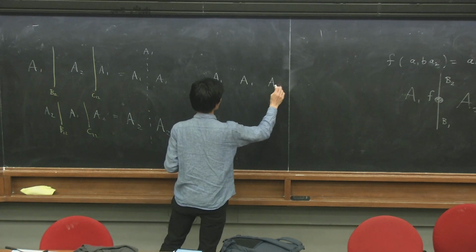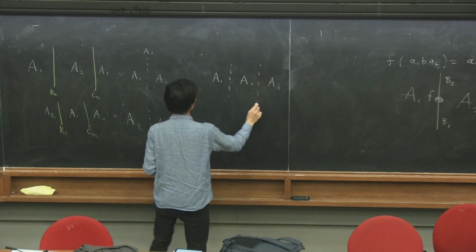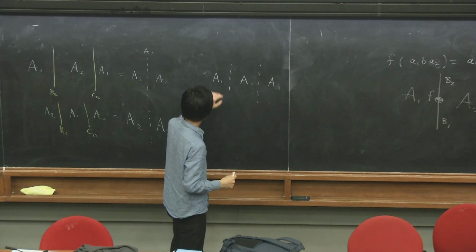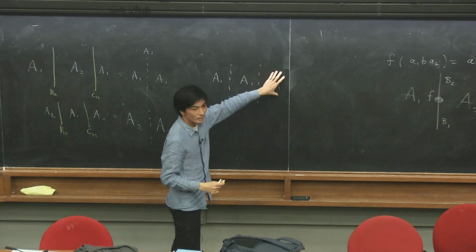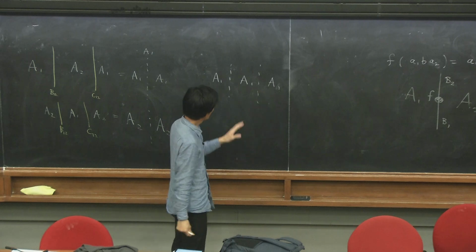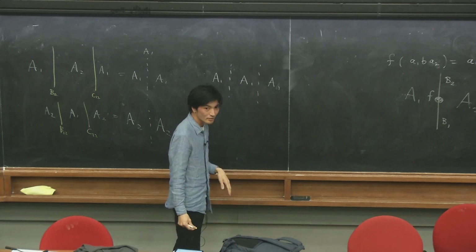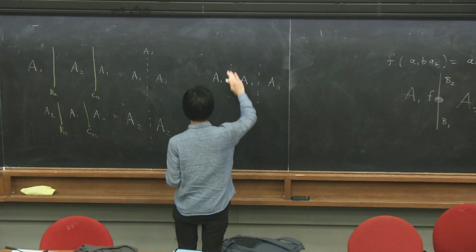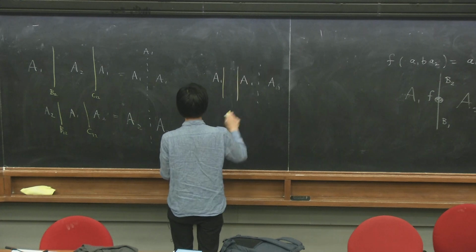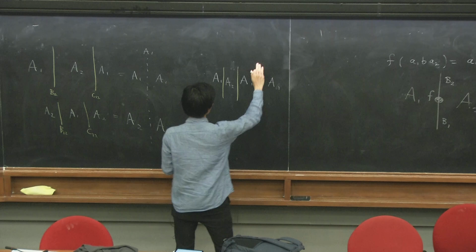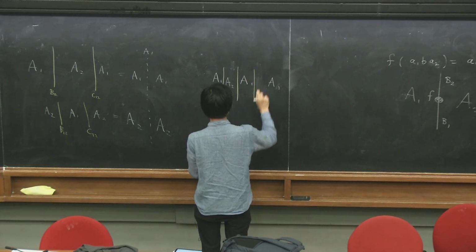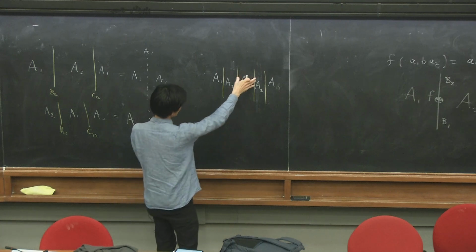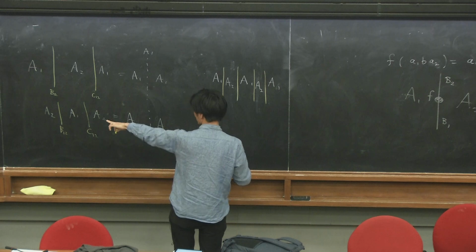So starting from A1, you can divide it into three places, connected by the identity one morphism interface, the trivial interface, and then I use this thing to insert A2 in between, and then crush the inside using here.